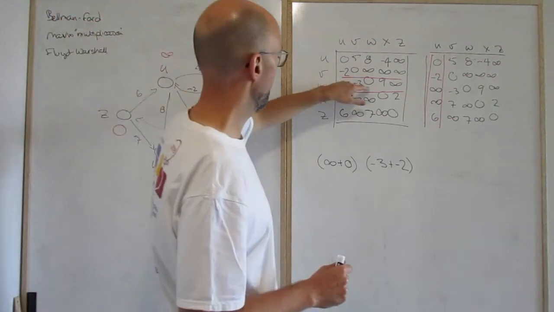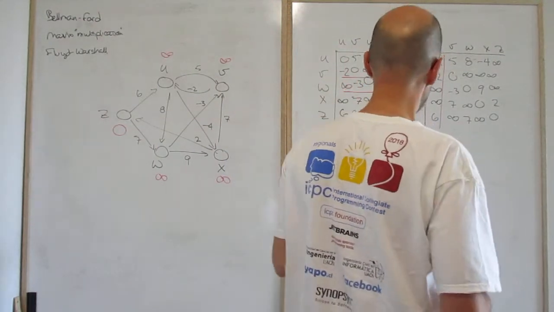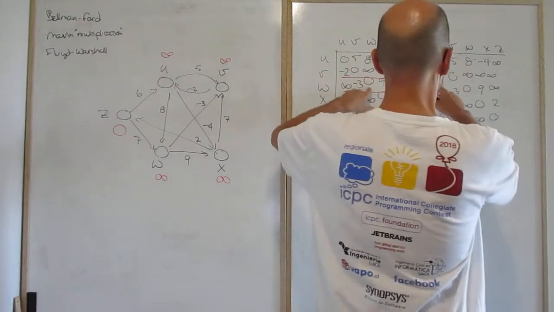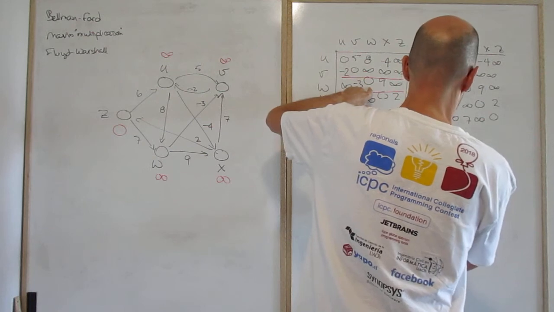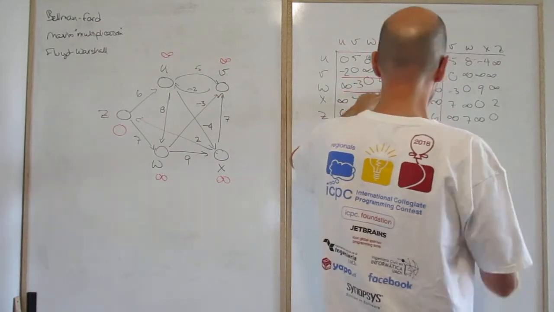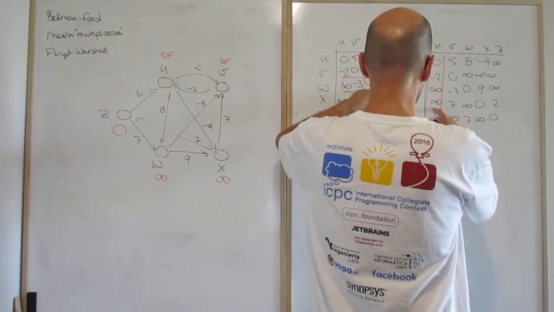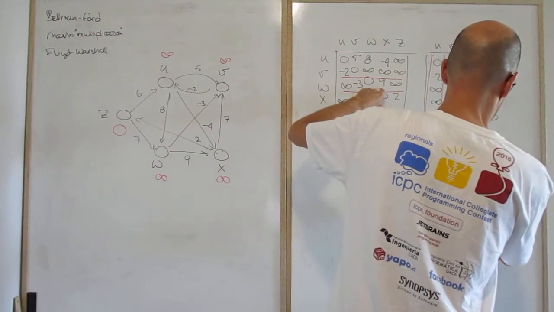Okay, then I have a 0. I can go from W to W, I can just stay at W. And then I can go from W to U with cost infinity. So it's 0 plus infinity. And then I can go from W to X and go from X to U, and that's cost 9 plus infinity.